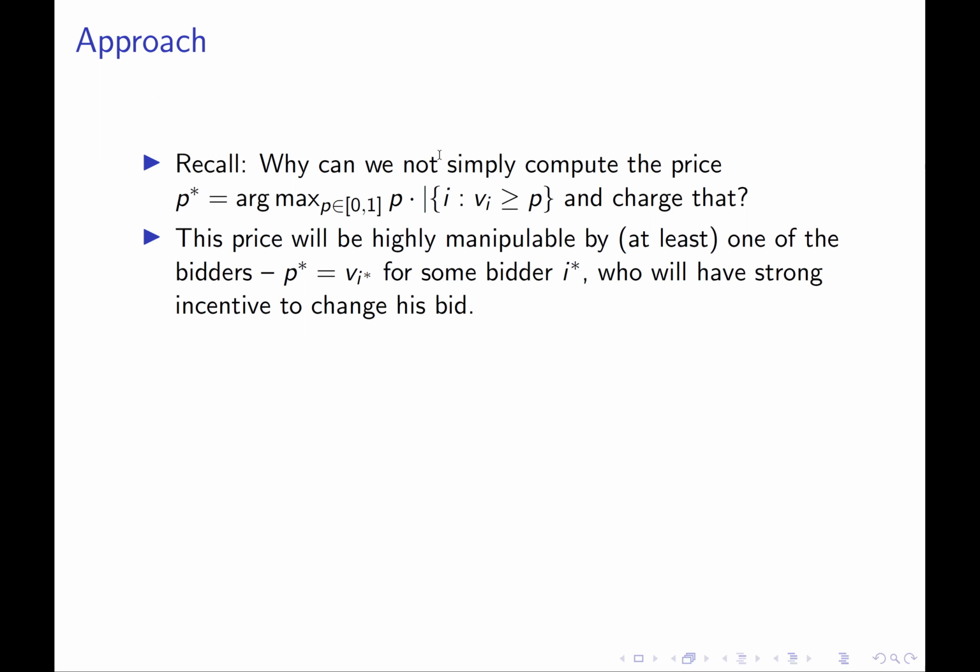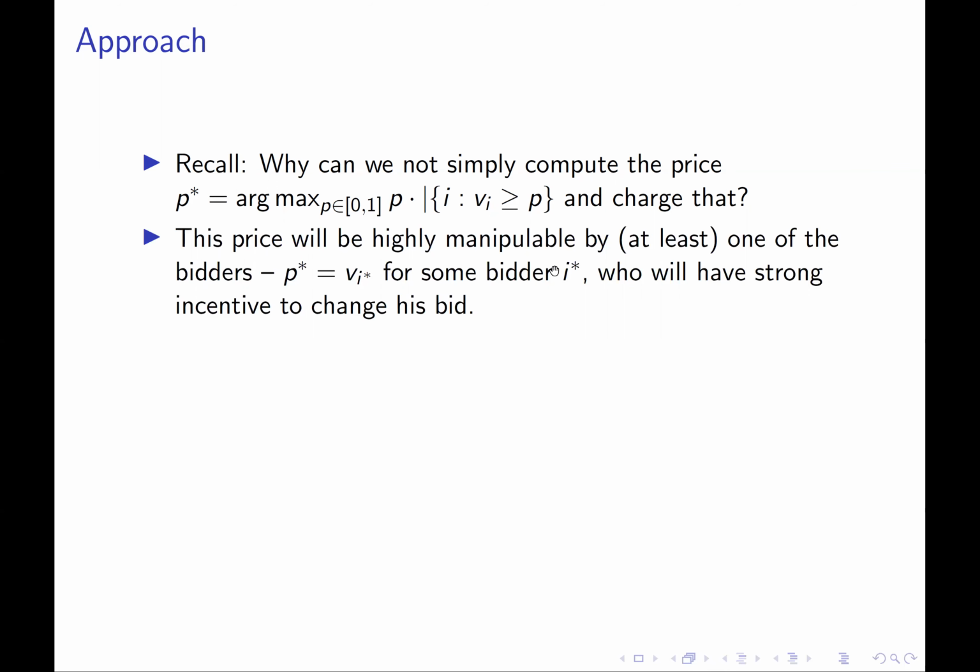That is, if I just look at the bids that I've received, suppose people are bound to honor the bids they've placed, and I ask which price would maximize my revenue amongst these placed bids, we argued that the price will always be equal to one of the bids of one of the bidders.